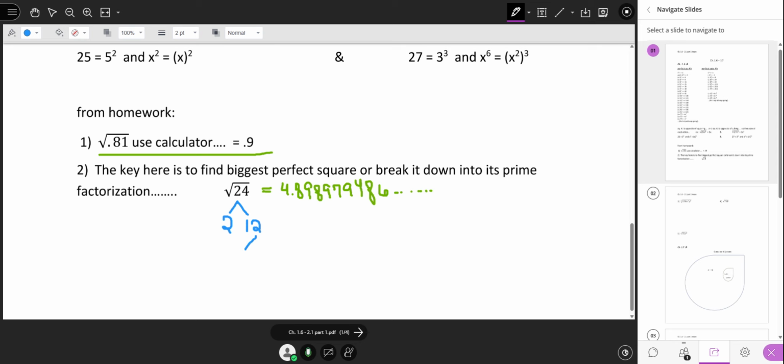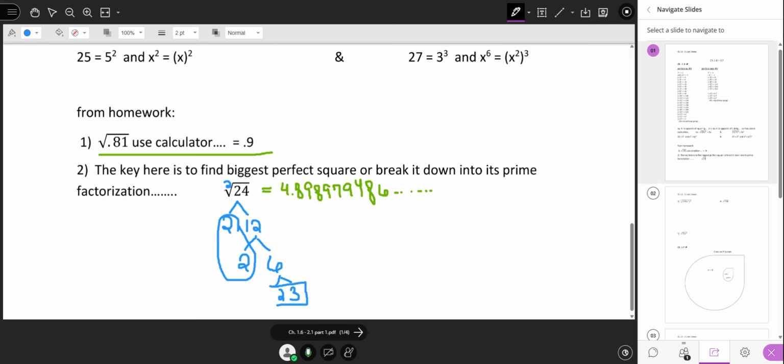Now, 2 also goes into 12. Then 6 breaks down into 2 and 3. Now, remember I said index number. You're looking for those numbers in pairs. So I've got a pair of 2. Well, guess what? I don't have any more pairs.